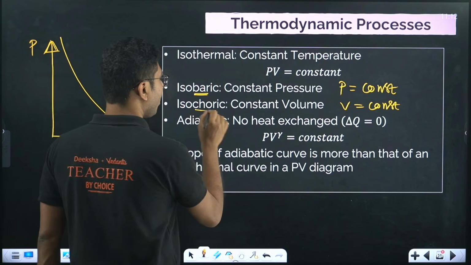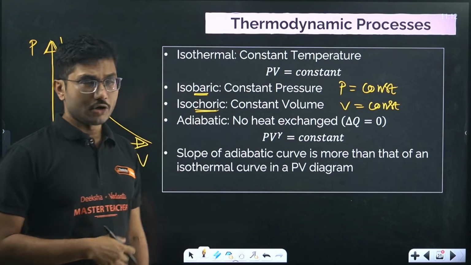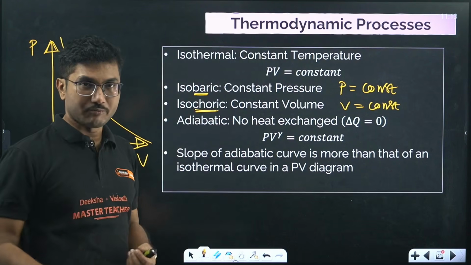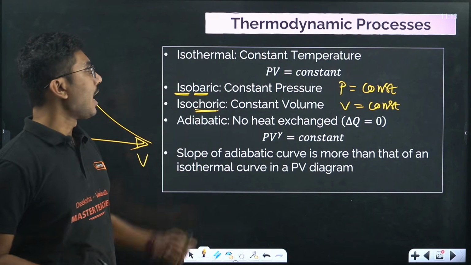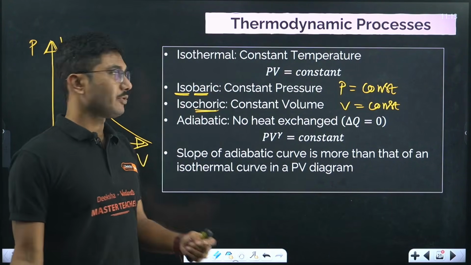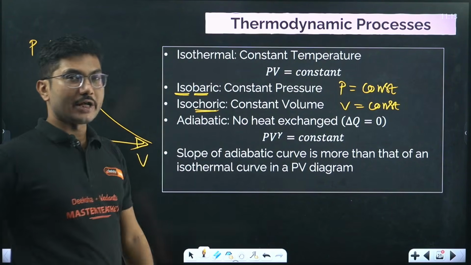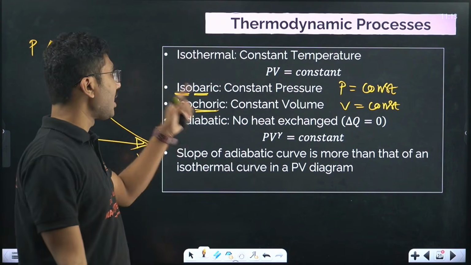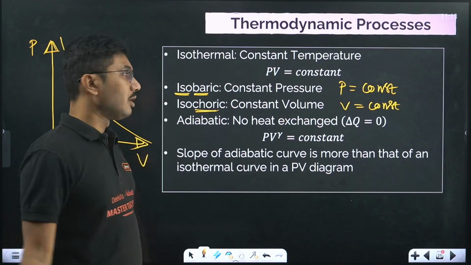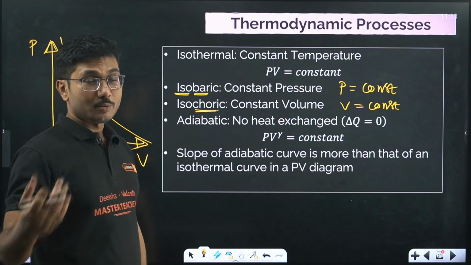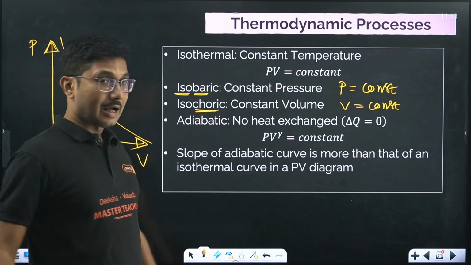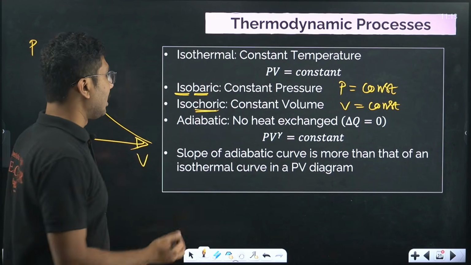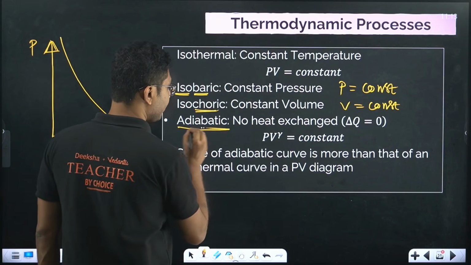Choric means volume. Iso means constant. Isothermal, thermal represents temperature, so isothermal means constant temperature. Isobaric means constant pressure. Isochoric means constant volume.